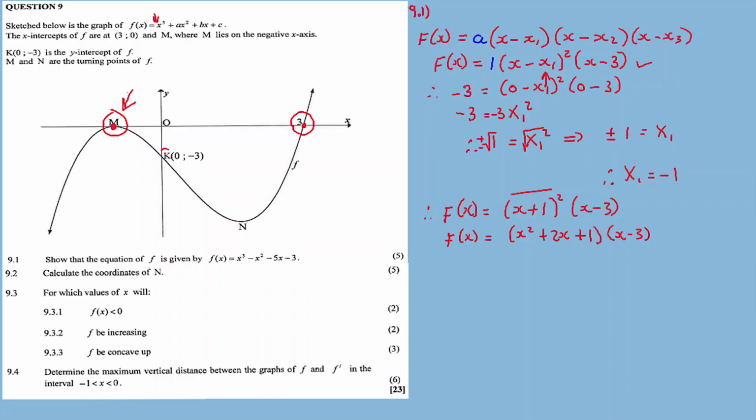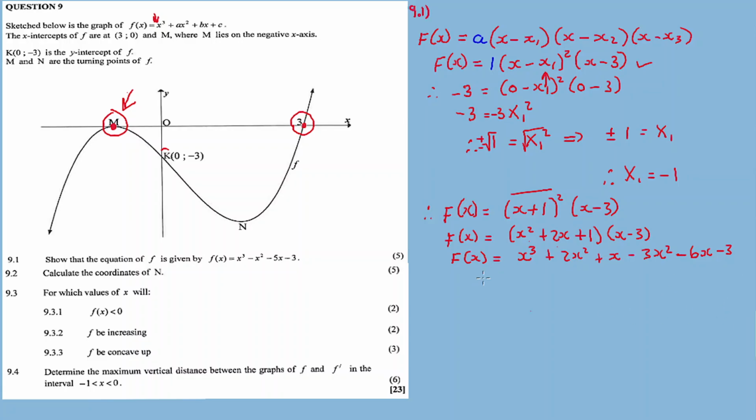So then siyaqhubeka lana. Now multiply this trinomial and this binomial, so give out x times x squared is x cubed, this one times that one, this one times that one. Basically we are with -3 times this one, -3 times this one, so on and so on. Now to multiply, I should get something like this.